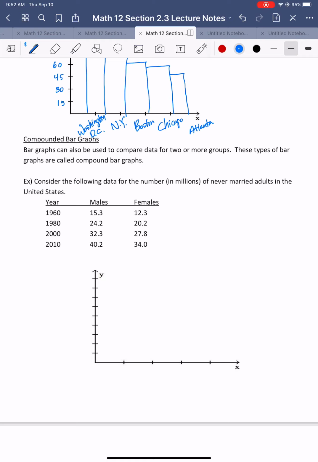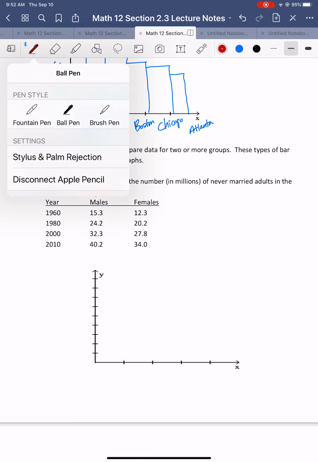So as you notice, the number of people who have never married has been increasing, right? All right, so I want to put that as male and female, but I'm going to put the male as red. I'm going to put the red here, okay? So I'm going to use the red for the male and the blue for the female, okay?